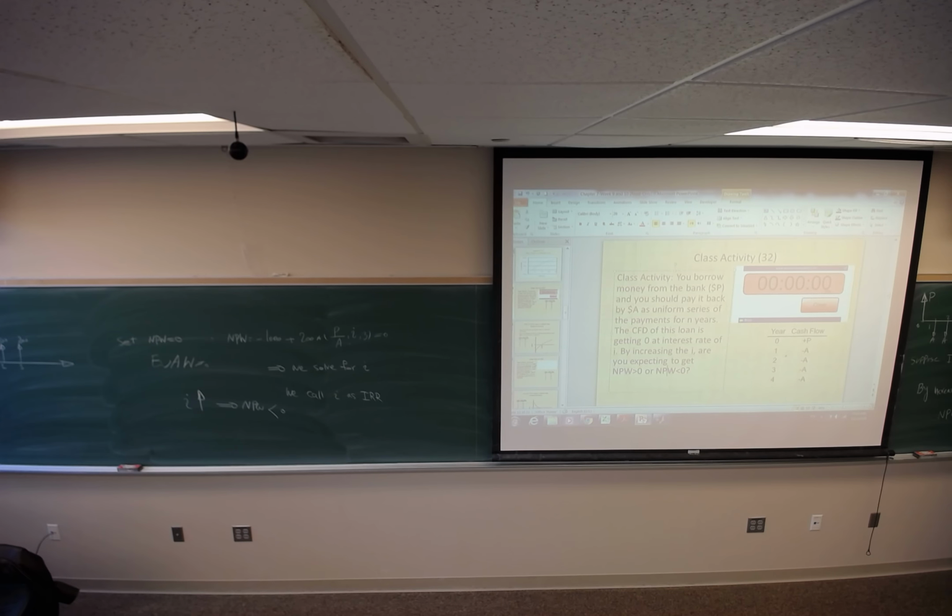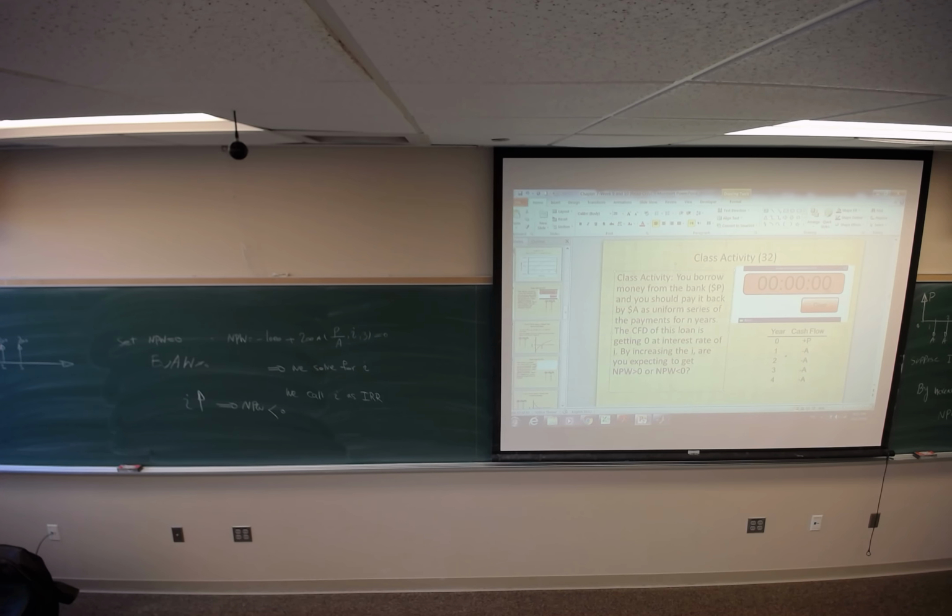At this interest rate, the net present worth is equal to 0. If you look at the borrowing cash flow diagram, in borrowing we always get money at present time and pay back in future years. So by increasing the I, you are going to discount the future values at a higher rate.